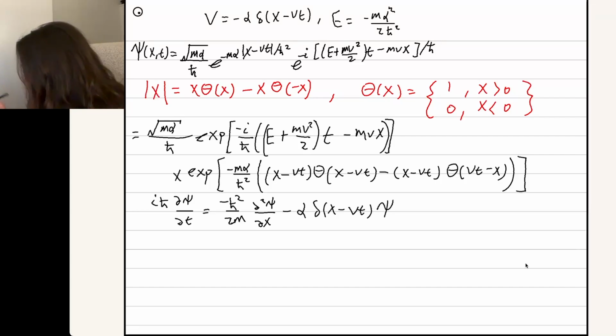So we're going to have to do some derivatives, obviously. Let's do the left-hand side first, which is going to be i h bar times the time derivative of what I just wrote up here.